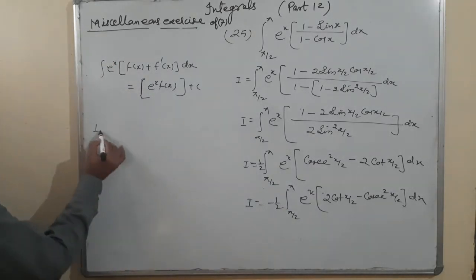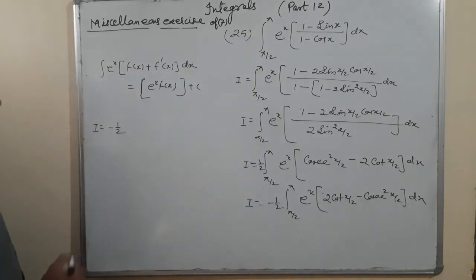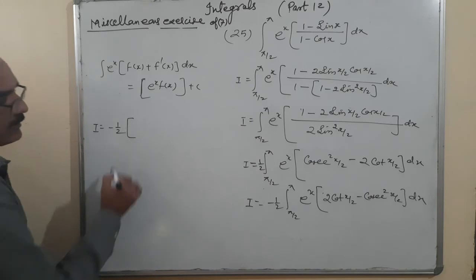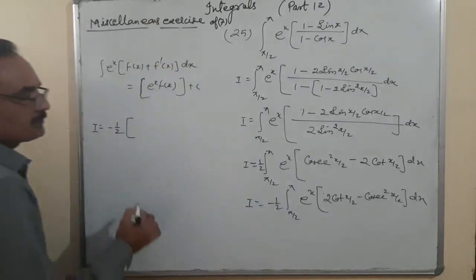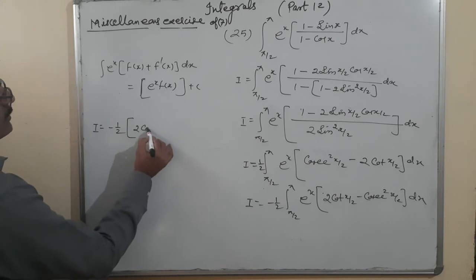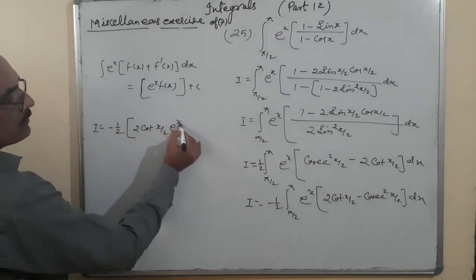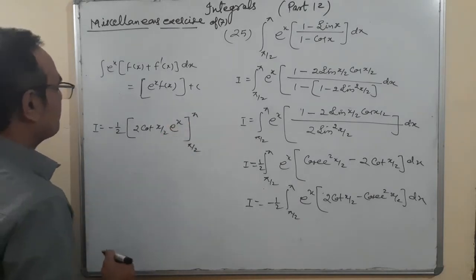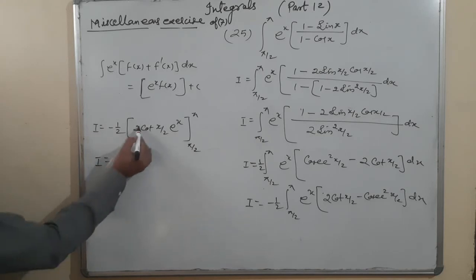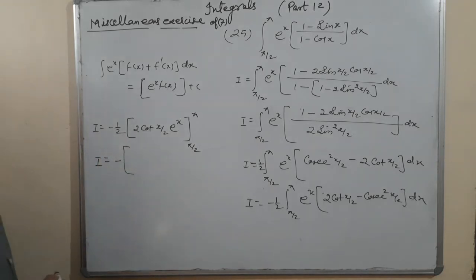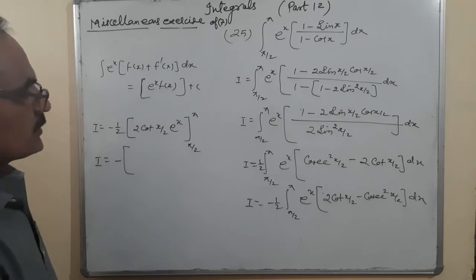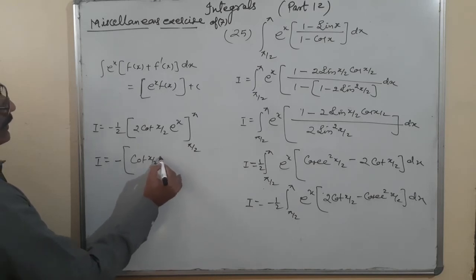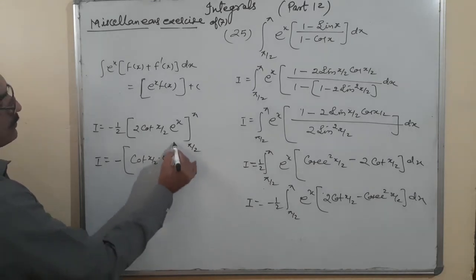I is equal to minus 1 by 2, and what to write here? 2 cot x by 2 e to the power x, so integration from pi by 2 to pi. Okay, so 2 is coming out. I is equal to, 2 cancel, minus sign is coming out. After that, what is left here? Cot x by 2 into e to the power x, from pi by 2 to pi.